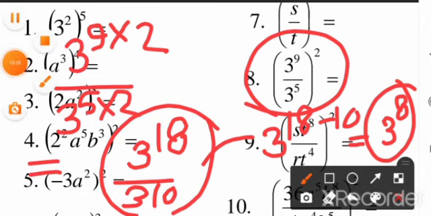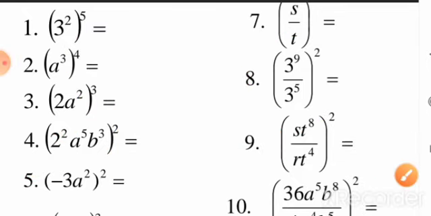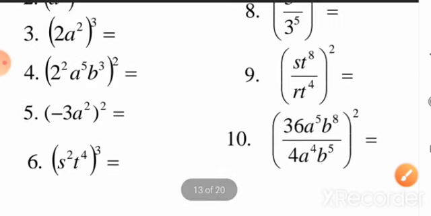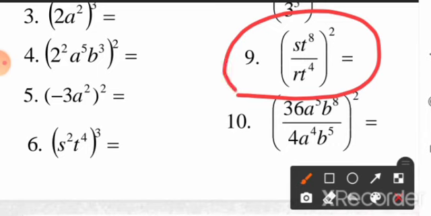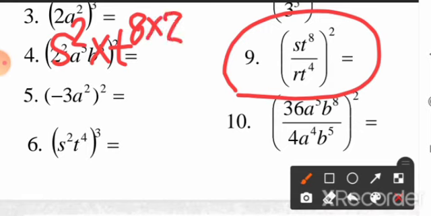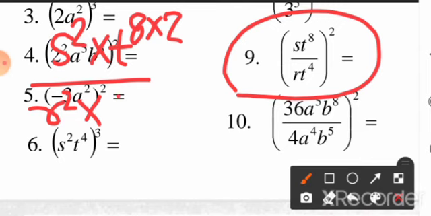Next one, question number 9 and 10. Two questions remain. So apply the same identity. I will solve question number 9 and 10. Question number 9 is given here. Apply the same identity. First calculate: s power 2 into t power 8 into 2 upon r power 2 into t power 4 into 2.